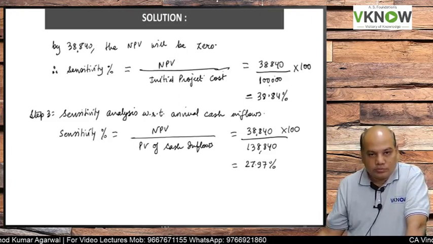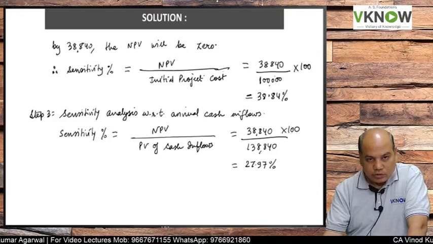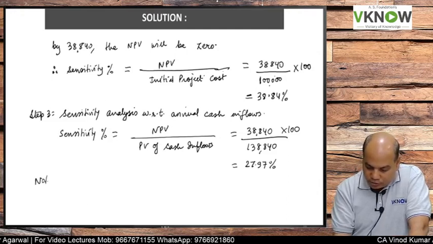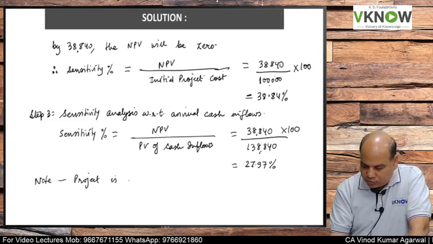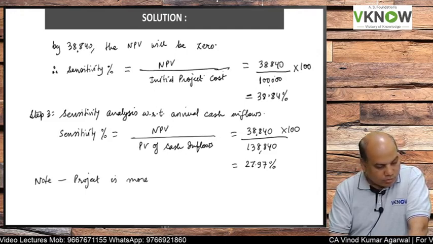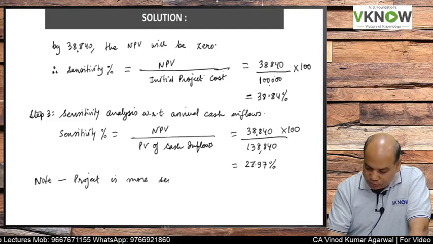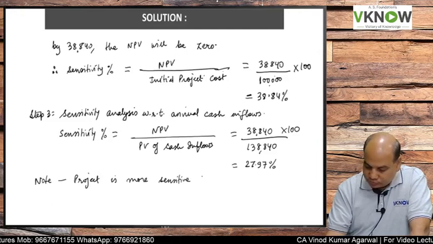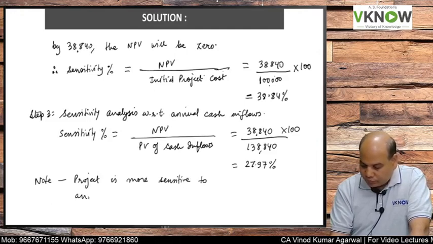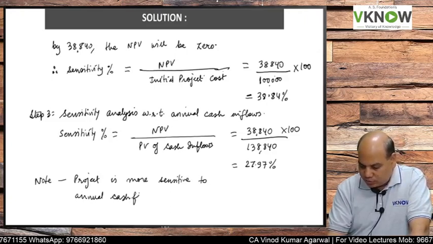Which is lower? The second answer is lower. So write a note: project is more sensitive to annual cash flows.